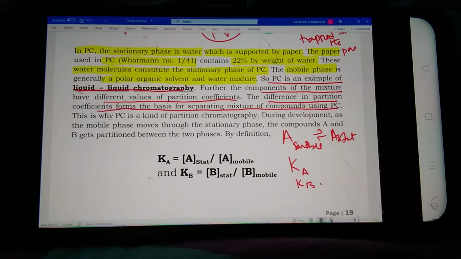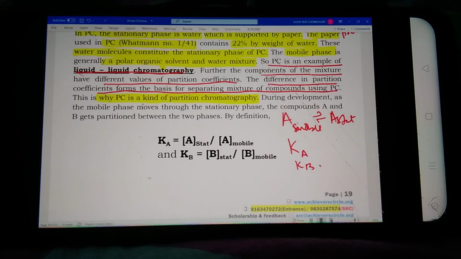Because this is based on the difference in partition coefficient, it is a kind of partition chromatography.